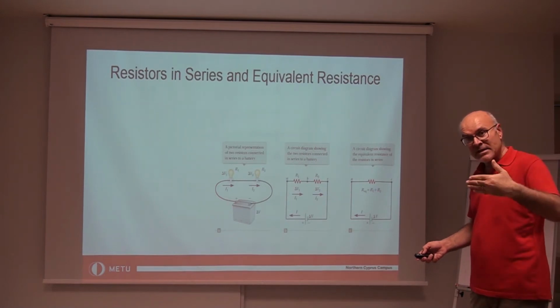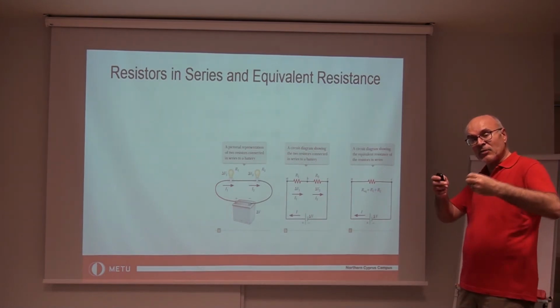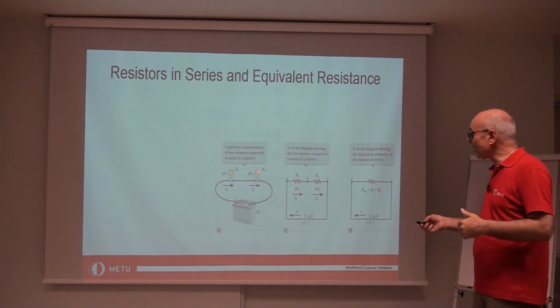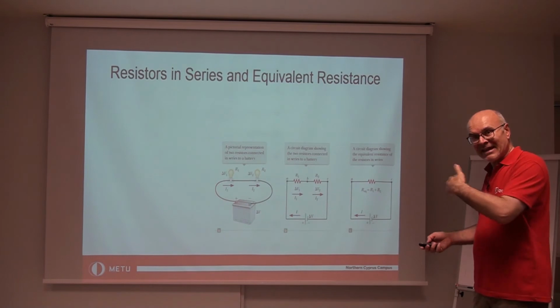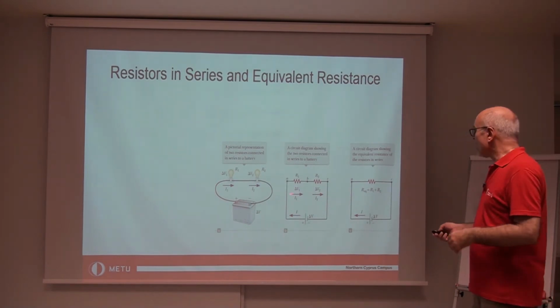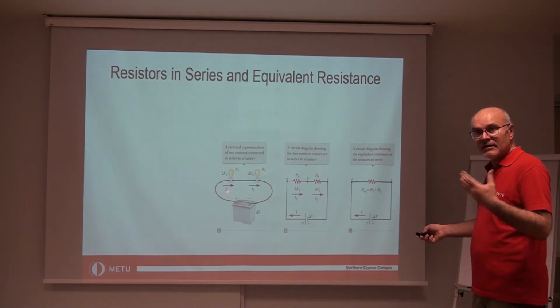Two resistances are said to be connected in series if the same current is passing through each of them. So I1 is equal to I2 in this case, and they are connected in series.